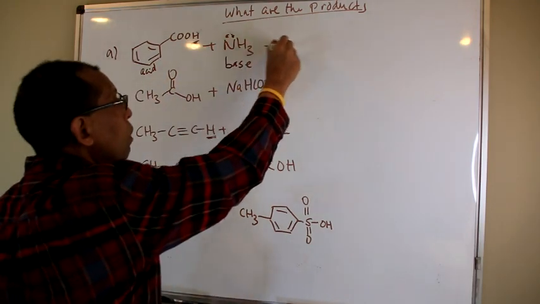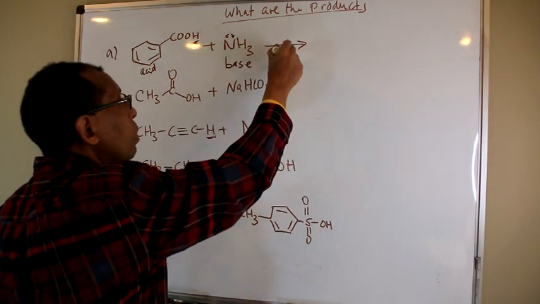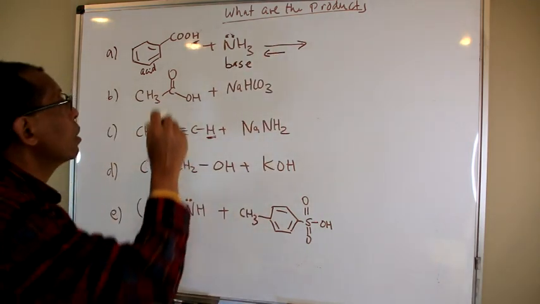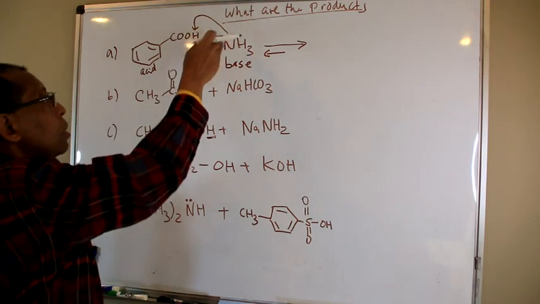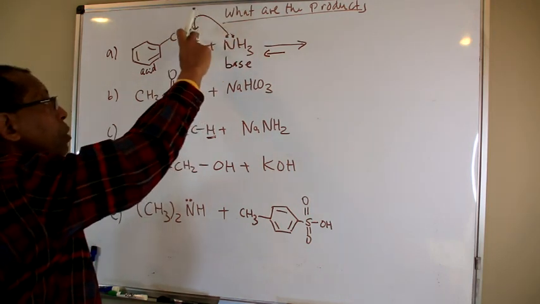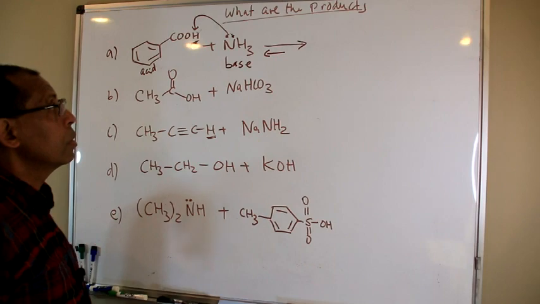Now, the product of this reaction, or the equilibrium, can be such that the proton would be abstracted. Remember the direction where the pair of electrons would take up the proton.